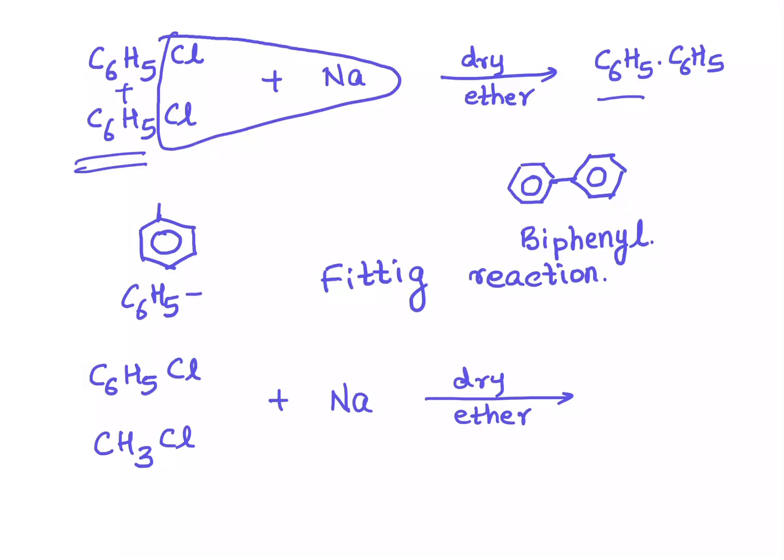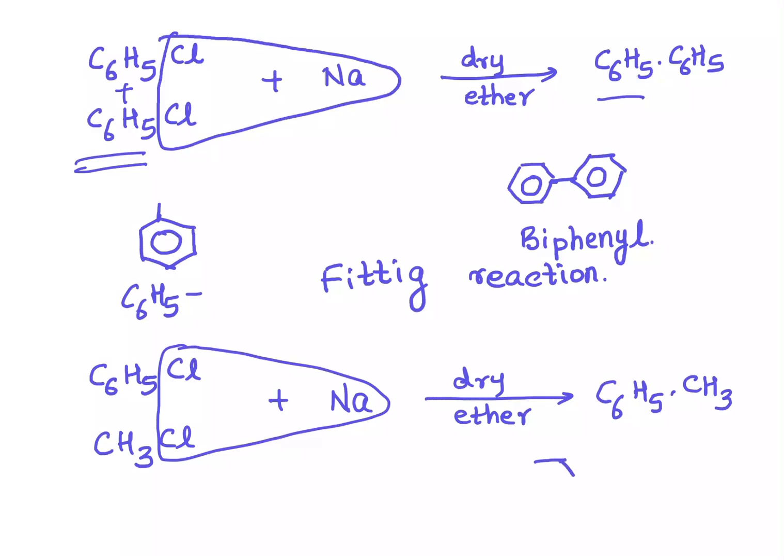And what do we get over here? Again, NaCl. What will be the product? C6H5CH3. In order to visualize it, draw it like this. So we have the phenyl and we have the CH3 group attached to it. Correct?